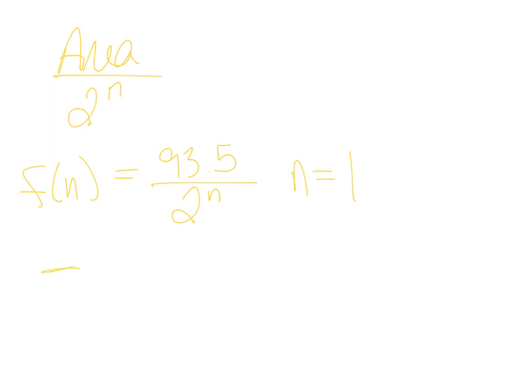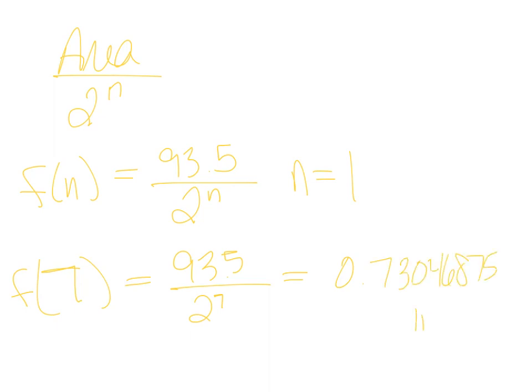So after 7 folds, I would have 93.5 divided by 2 to the 7th power. That equals 73046.875 inches squared. It's an itty bitty area.